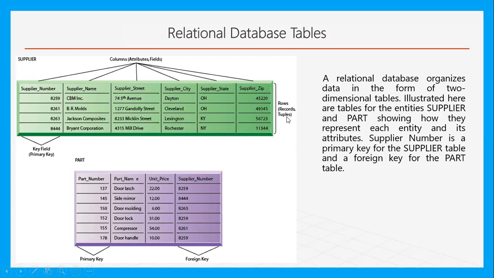Tapos, yung gilid po niya, yun po yung tawag ng row, records tuples. Doon naman sa part niya, there is a part number, tapos part name, unit price, supplier number, which is ito yung mga sa office, sa isang organization, yung supplier, siya po yung nag-e-entry sa data ng mga supplier. So ito po, di-identify lang, which kung sila, ito po is foreign key, isa naman po ay primary key, which makikita nyo yung part number.